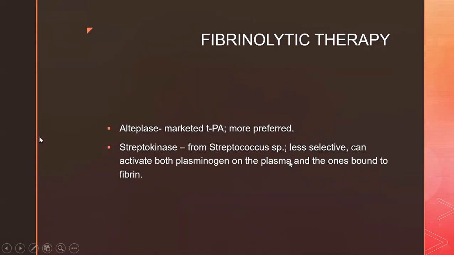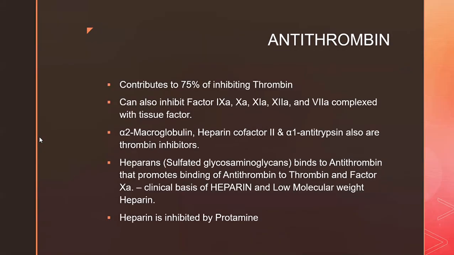So, ang ginagamit, TPA lang. Ito sila, elaborate pa to sa pharmacology ninyo. Pero gusto ko lang maintindihan ninyo na mas preferred ang tissue plasminogen activator kasi mas nakokontrol ninyo ang effect niya. Unlike your streptokinase, non-specific siya. Now, ito.